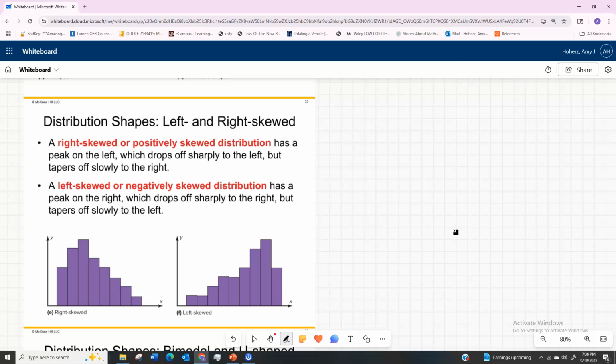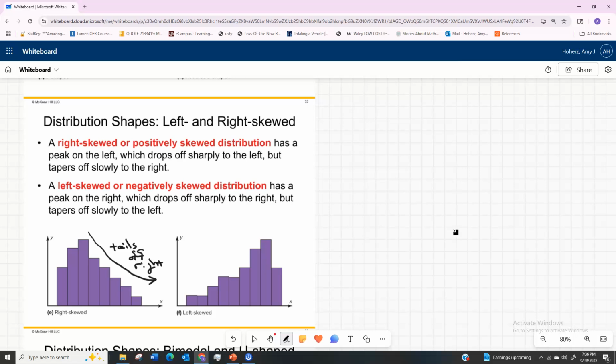Now, this one, I used to not understand. Why is this called right skewed when the bulk of the data is to the left of the graph? Why would that not be left skewed? Well, it's because when we're talking about skewedness, we're talking about where the data tails off. So in this case, the data tails off to the right.